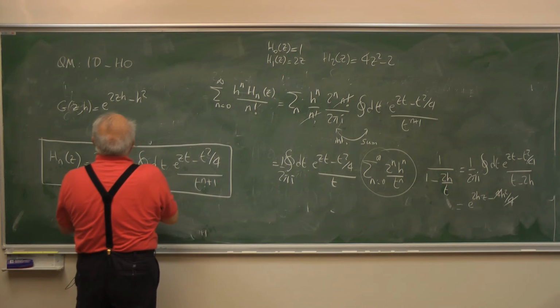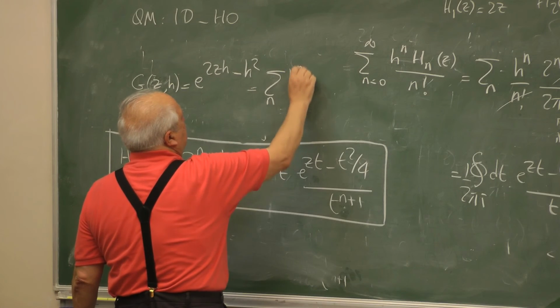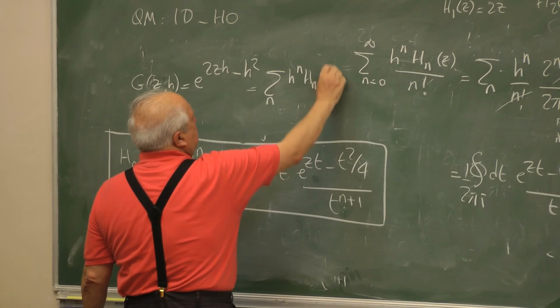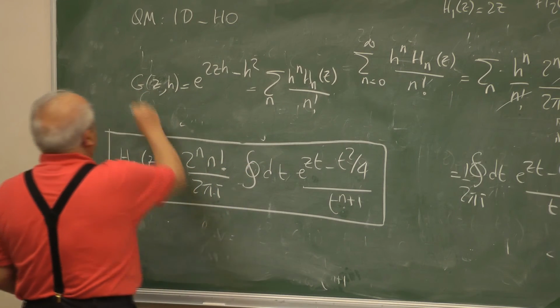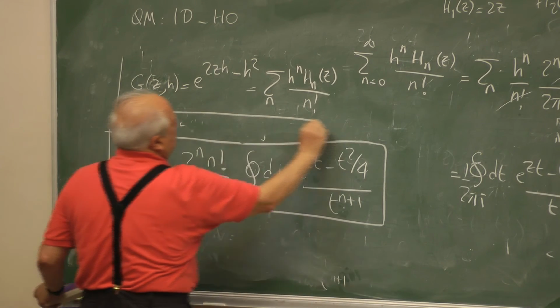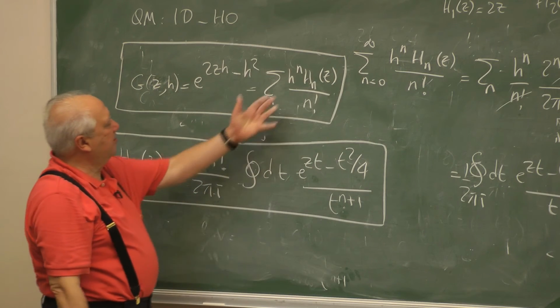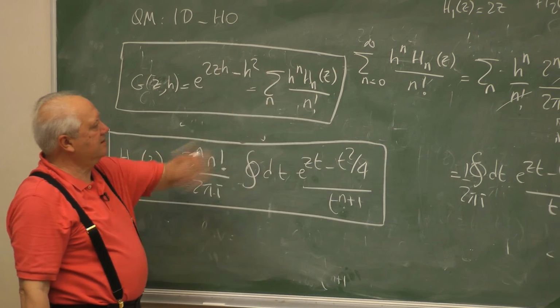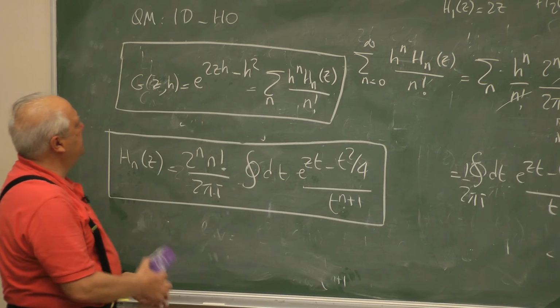Which is just, let me just write again, the sum over n, h to the n, Hn(z) over n factorial. So it's an incredible summation. All these complicated Hn's up to infinity, they can be summed into this generating function.